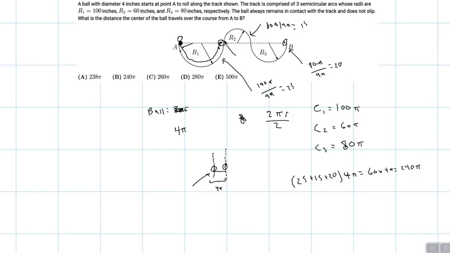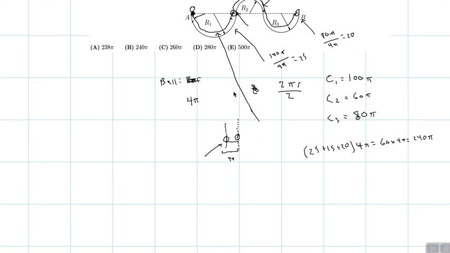That's the center of the ball's path. Oh, so yeah, the arc that this is making has a radius that is 2 less than that.